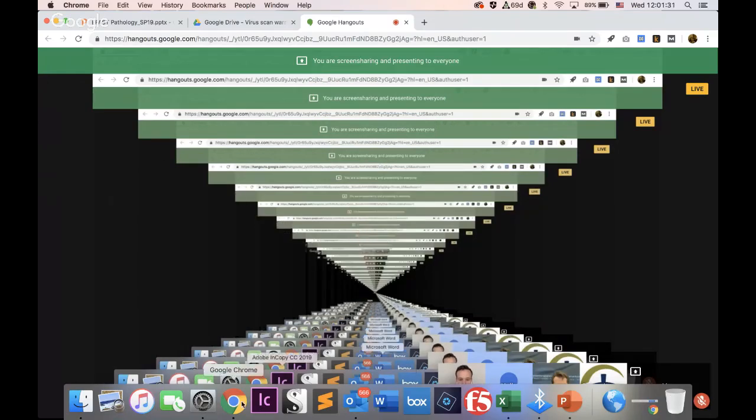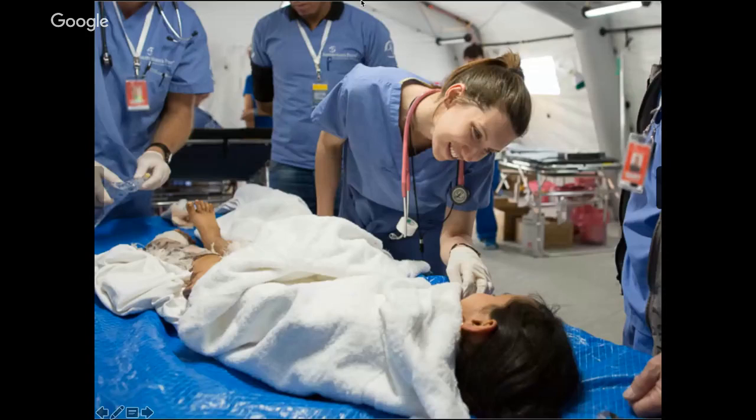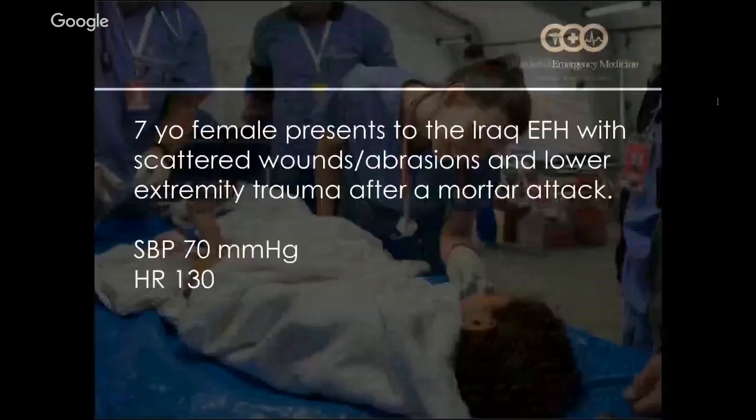So the first case will just be a case of a 7-year-old girl that maybe Lance and I took care of together while we were at the EFH in Iraq. She was struck by mortar fire. She's got a laceration to her leg. She's got scattered abrasions. And if you can go to the next slide, she's tachycardic, heart rate in the 130s, and her blood pressure's really soft.